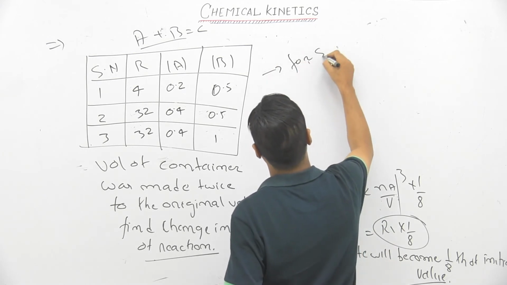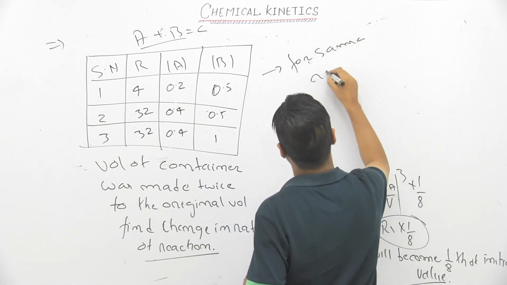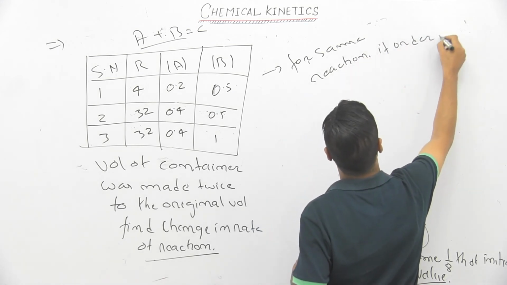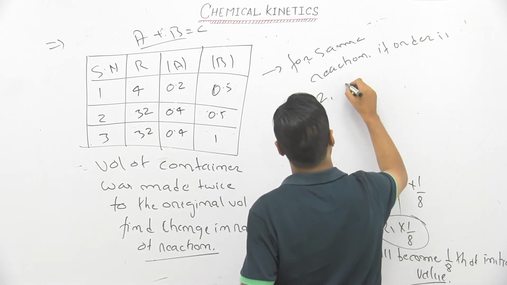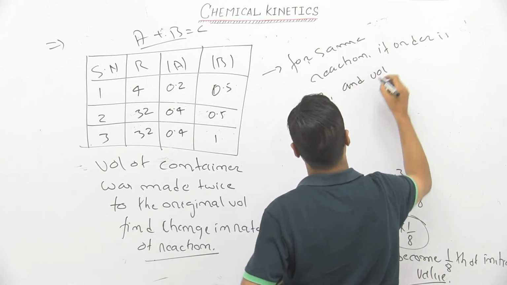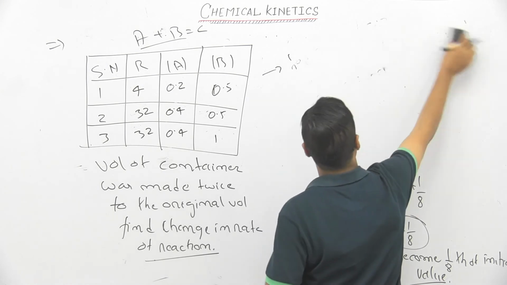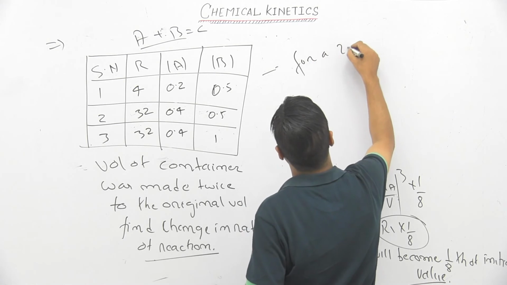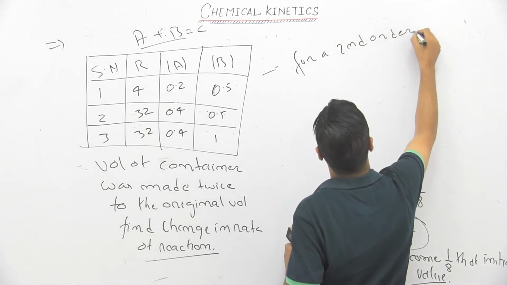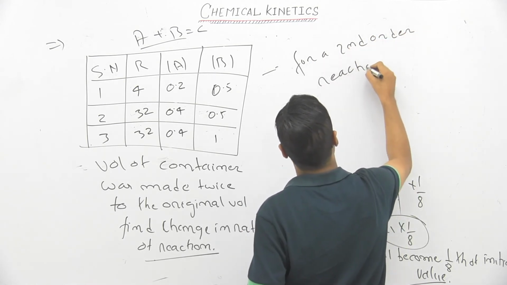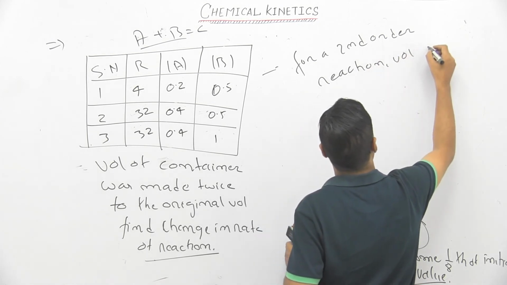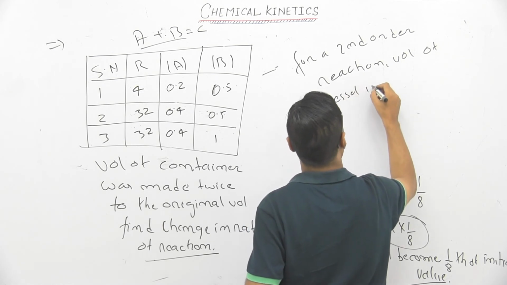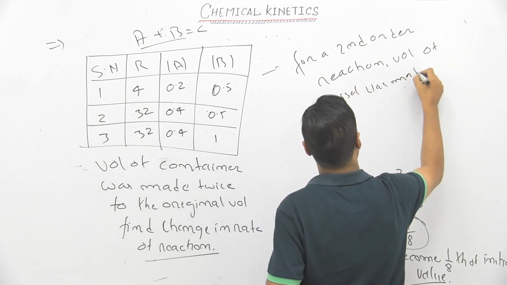For the same data, if the order is 2, for a second order reaction, the volume of the vessel was made twice.